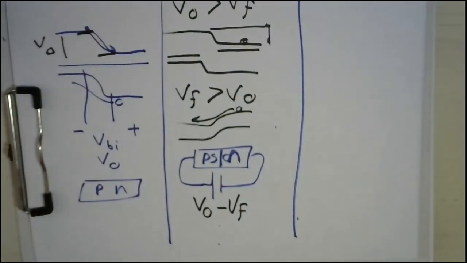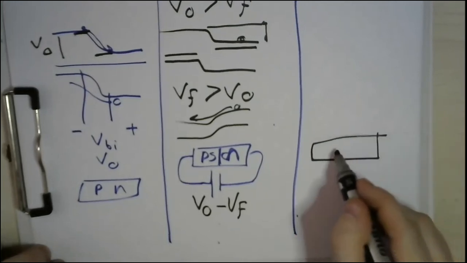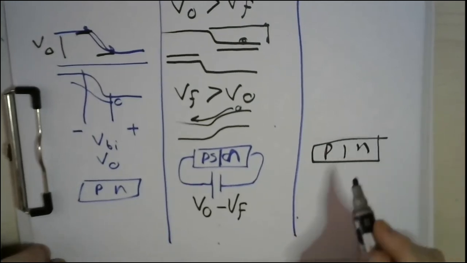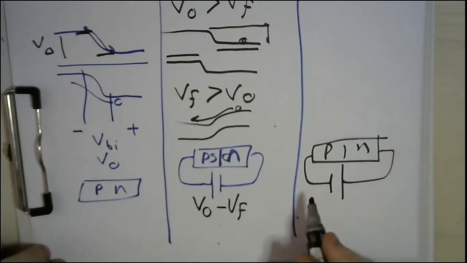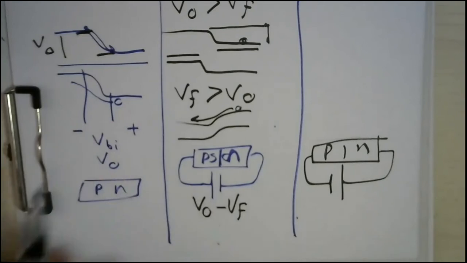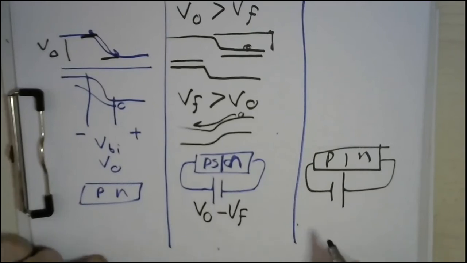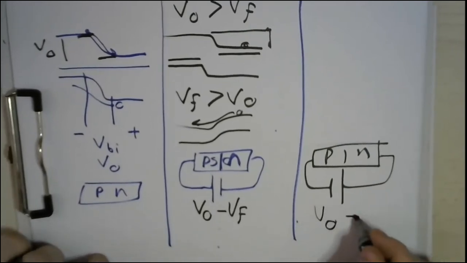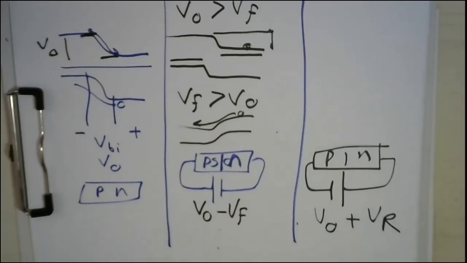Now, let's go to the second case, which is the reverse bias. I mean, your p-n junction is connected in a polarity which is similar to the built-in potential. So you are increasing the built-in potential. That's why in this case the voltage will be V node plus VR, where VR is the reverse bias.